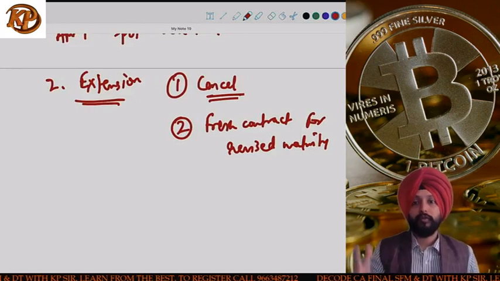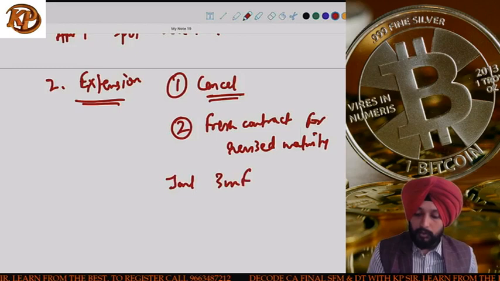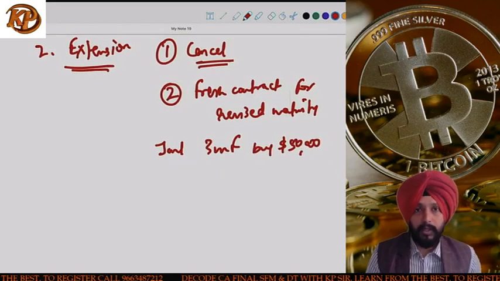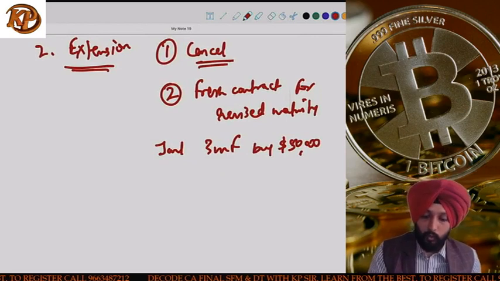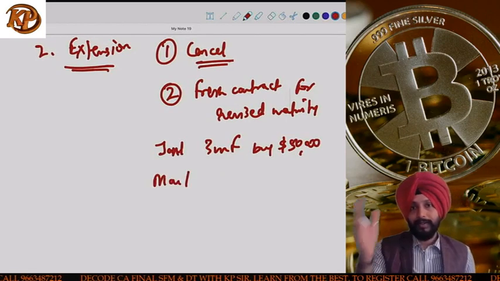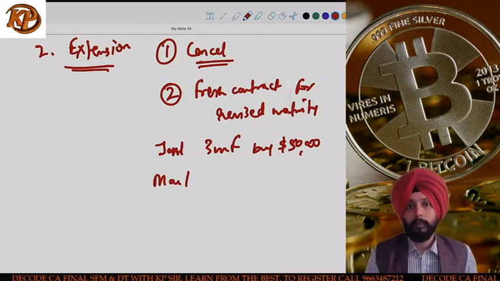You take a fresh contract for revised maturity, which means on January 1 I've taken 3 months forward buy $50,000. On March 1 I decided that I won't be able to make the payment on April 1, so I want to make the payment on May 1.